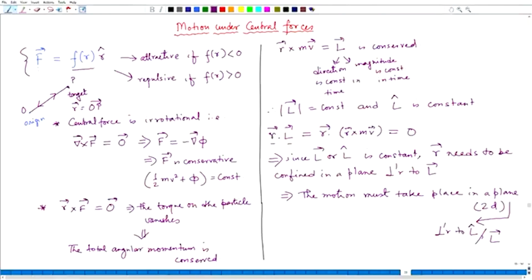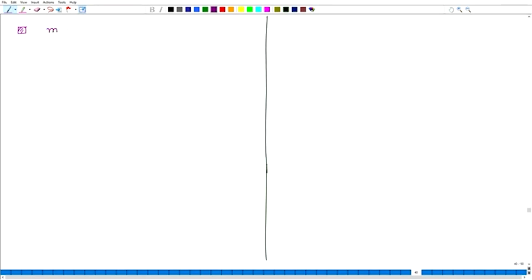Okay. Then we will do something much more interesting. We now know that Newton's law says m d2r/dt2 is equal to F, and here for our case F is F(r) r cap.